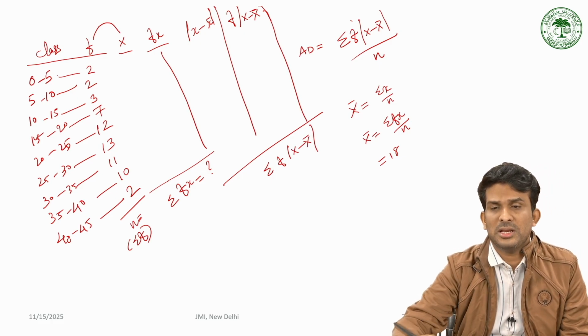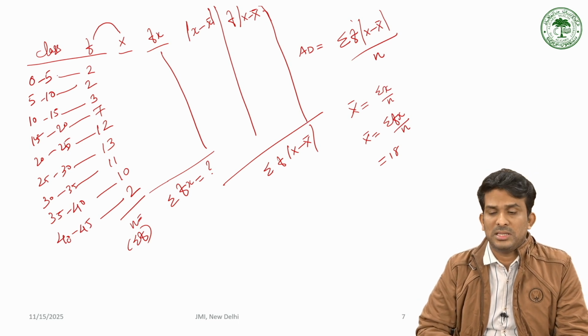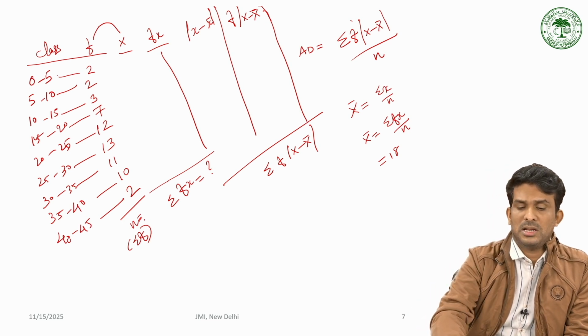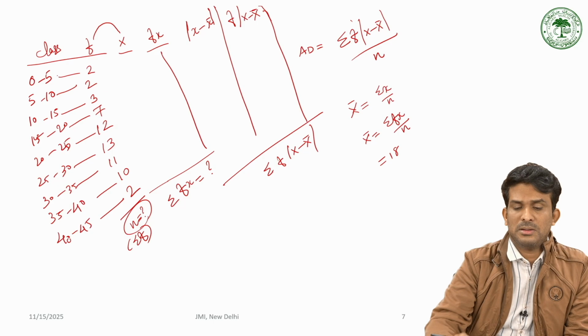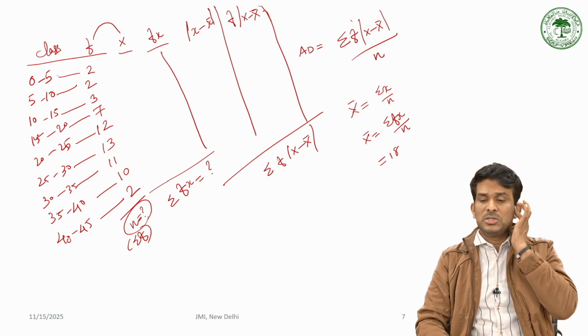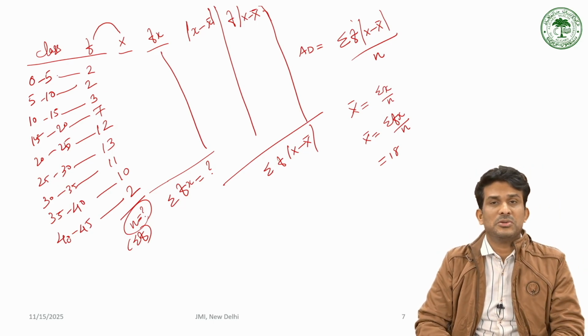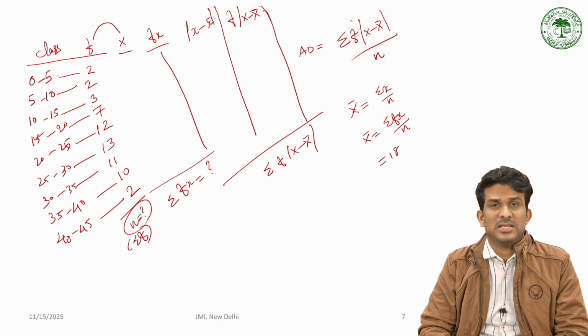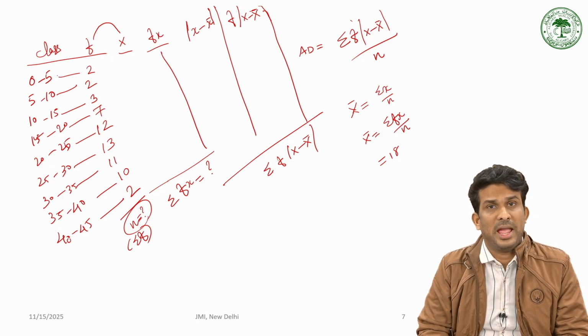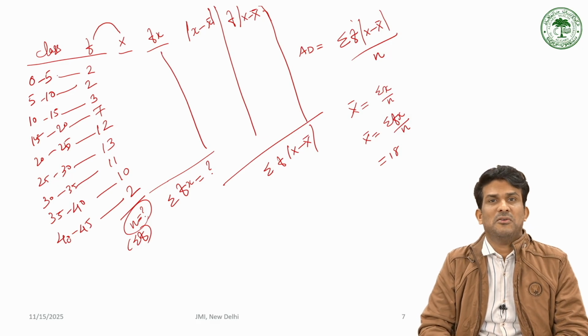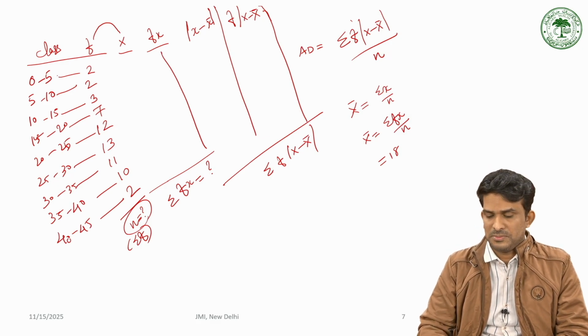In the equation, now we need only one thing, that is the number, which we have already mentioned. So, sigma of f into modulus x minus x bar divided by n. That is the calculation procedure of average deviation.